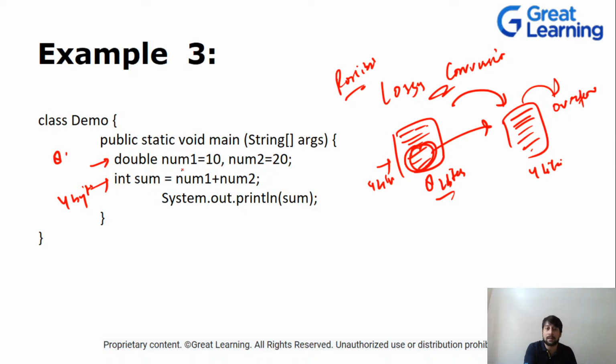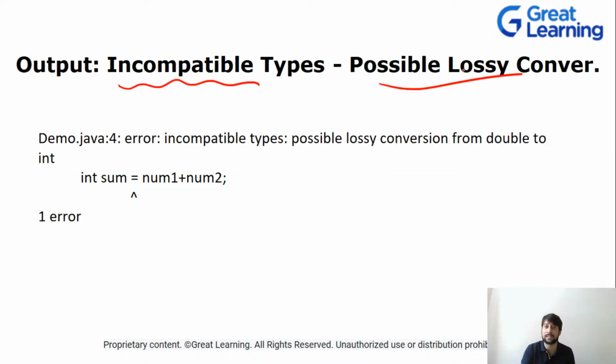So you are trying to convert. Obviously this is 10, and this is again a double. Now you are trying to store them inside this sum, which is of size 4. That is why it states that this is a possible lossy conversion, and this is an incompatible types error that you will be getting.